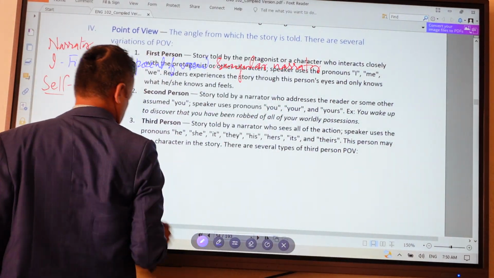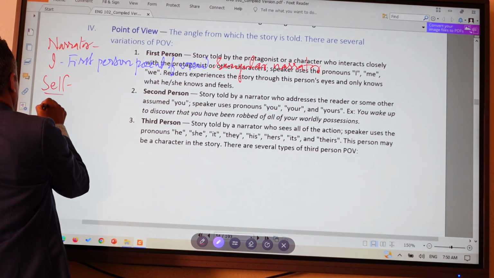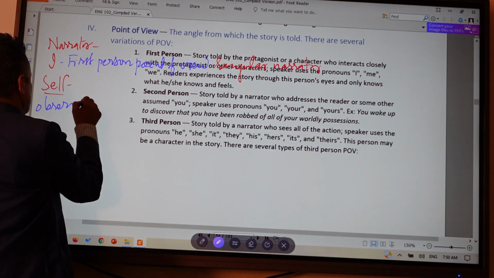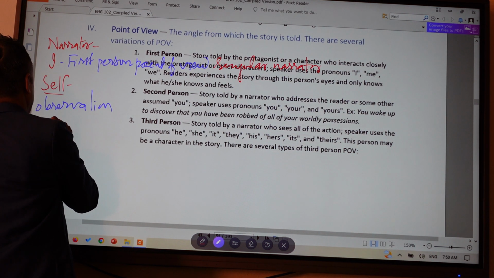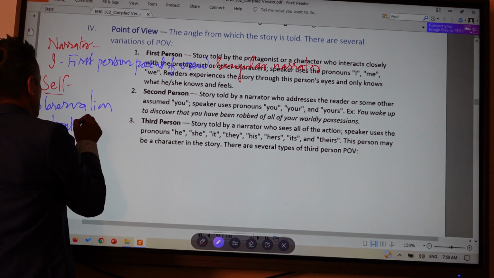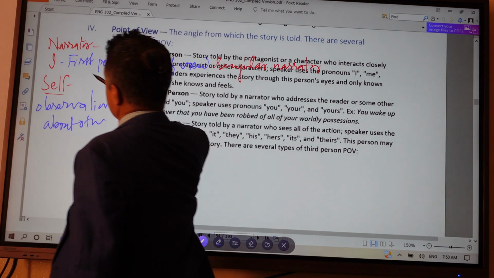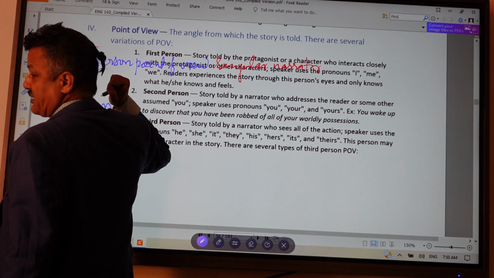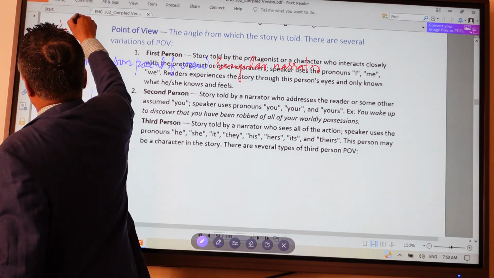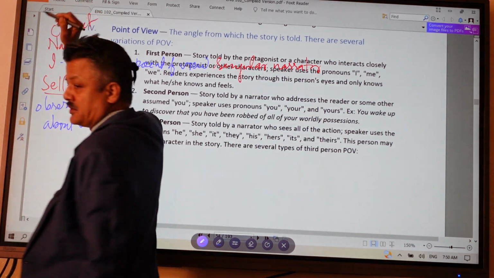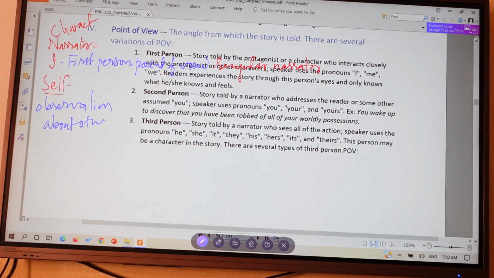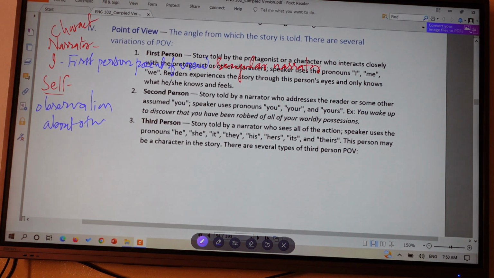And you will see that this I makes observations about others. And the interesting thing is that this I is not only a narrator, he is also a character. So the problem is, this I may be cheating us. How? By not telling everything about the people in the story.